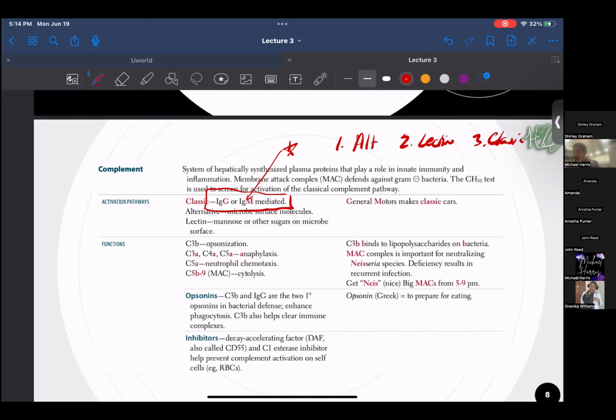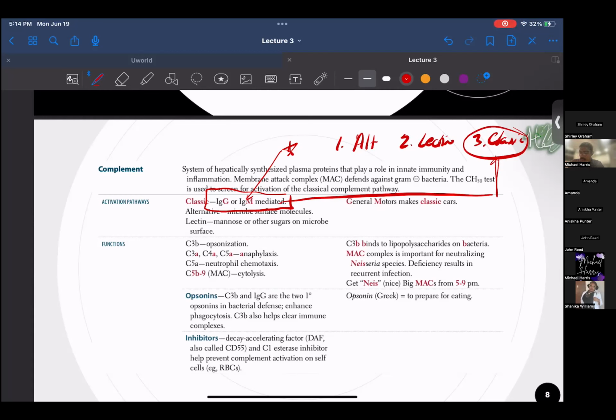Good, good, good. Now, my question to you is this. Which one of these deals with IgG and IgM mediated? Good. Yes, the classical pathway. Okay. So whenever you think of IgG, IgM, always think you're activating the classical pathway. Okay. Lectin, like you said, has to deal with binding to some kind of sugar, right?